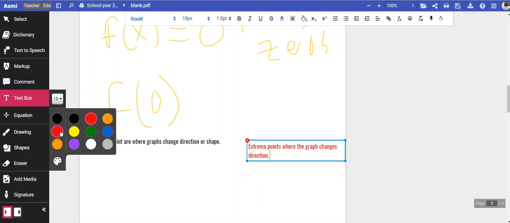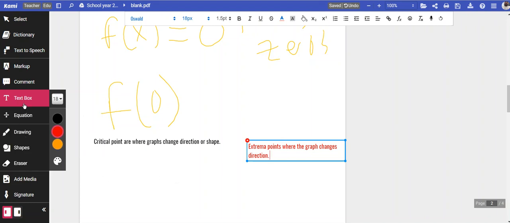Where this comes into play, you have relative max and relative min. You've probably seen that in Algebra 2. Then you have absolute max and absolute min, which you may not have heard about, but we'll talk a little bit about that.